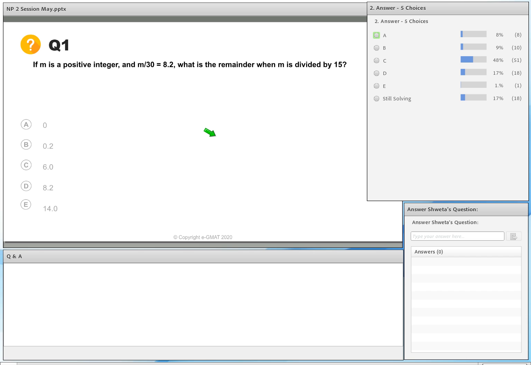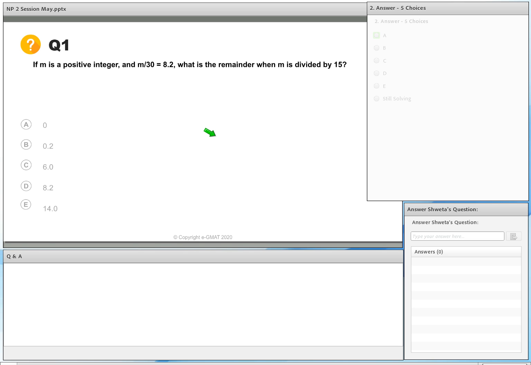So the majority, 48%, went with option C, which is correct. So good job there, but it's not a high majority. Less than half of you got this correct. 17% of you went with D. A and B had almost a tie, 8 to 9% of you. Almost nobody marked E, and 17% did not get to mark the final answer.